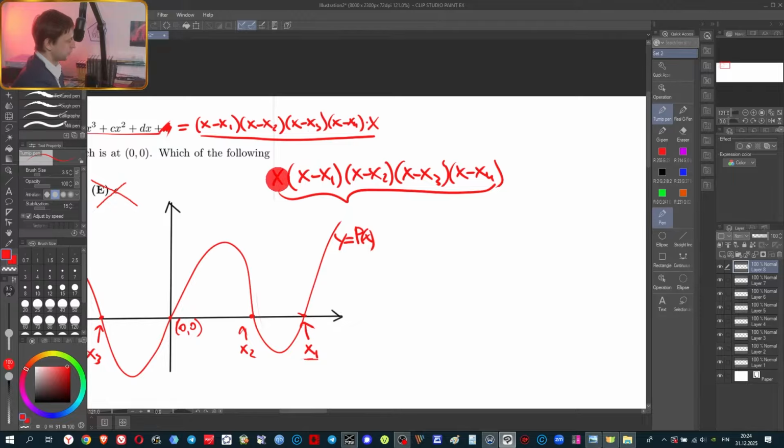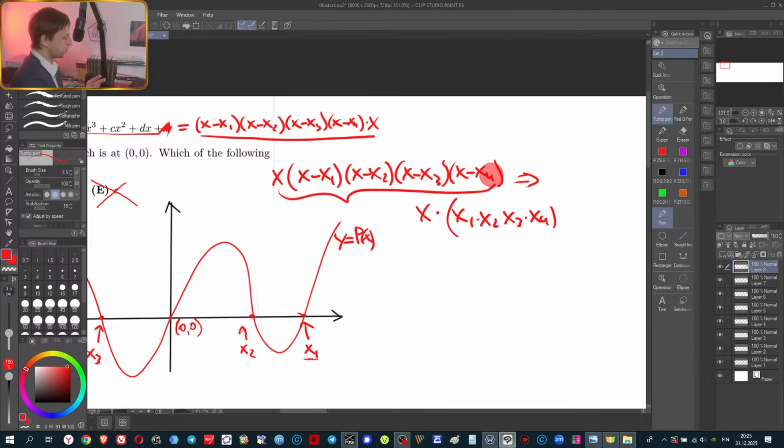For example, here x, I will multiply by x1, x2, x3, x4, and the only coefficient that I will have near x without any other x will be x1 times x2 times x3 times x4. Minus, minus, minus, minus will give you plus.